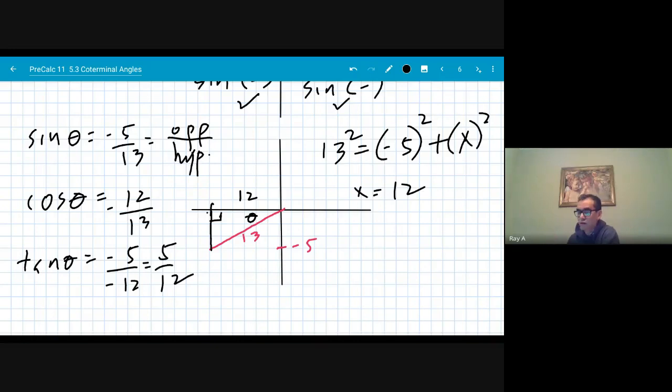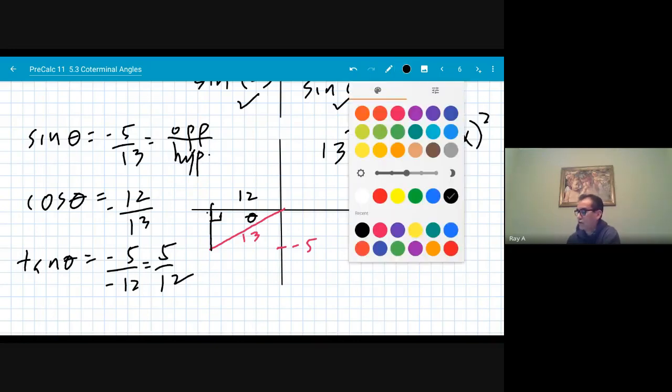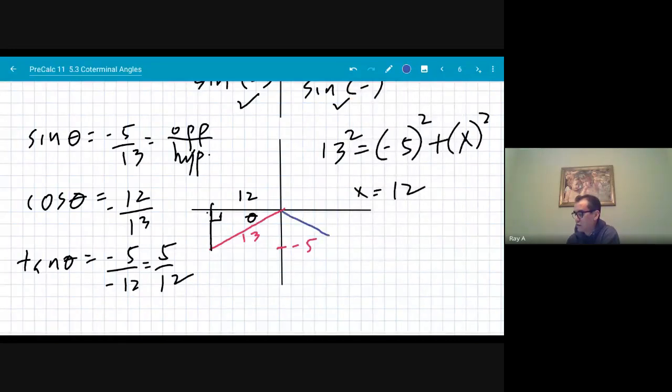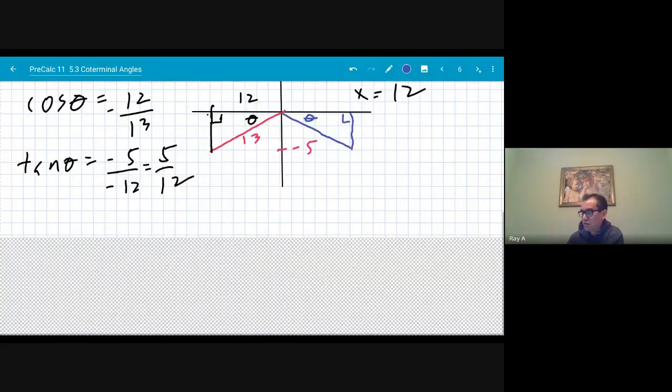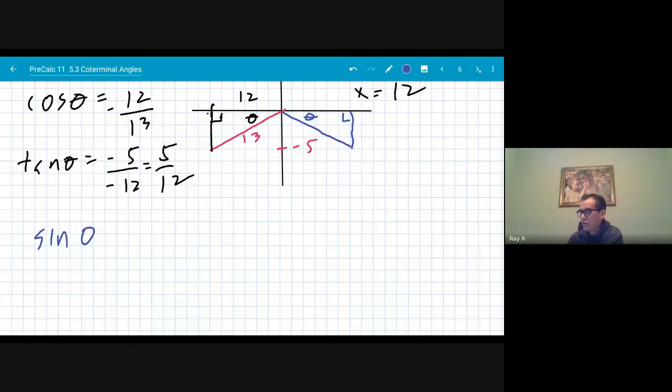We already know that we are talking about two angles, quadrant 3 and 4. So it would probably look something like this. There's your other theta. You will notice that the values are pretty much the same. Sine theta for quadrant 4 is still negative 5 over 13.